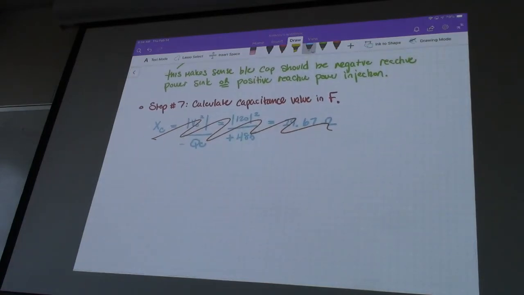Okay, we know that SC is equal to the voltage across the load times the current through the cap, conjugate, right?